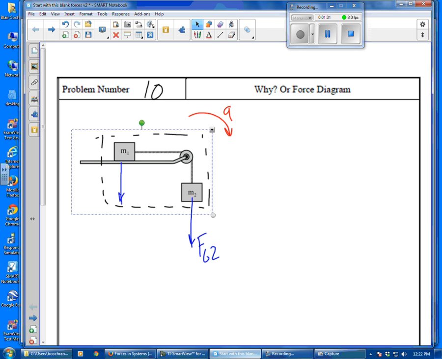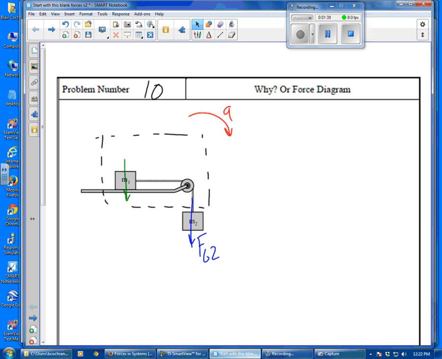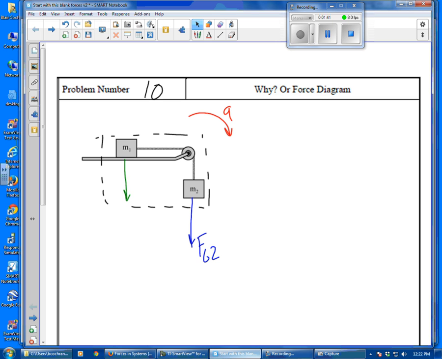I'm actually going to use green for these since they're a different direction. The weight of number 1 here and the normal force of number 1 here. That would be for my system.